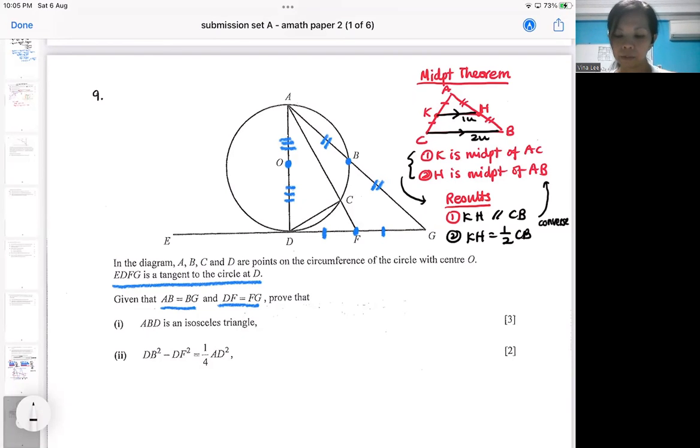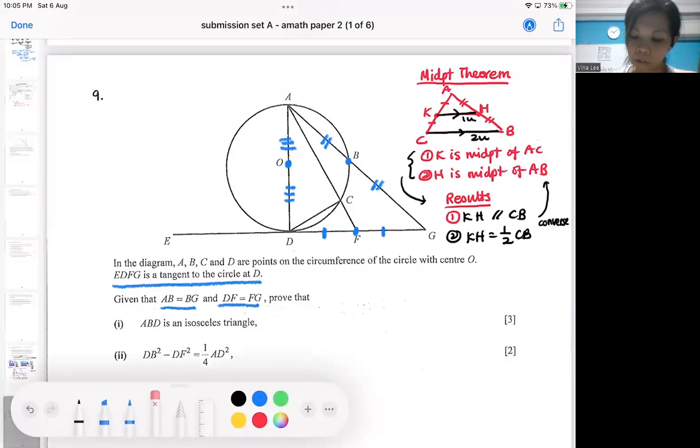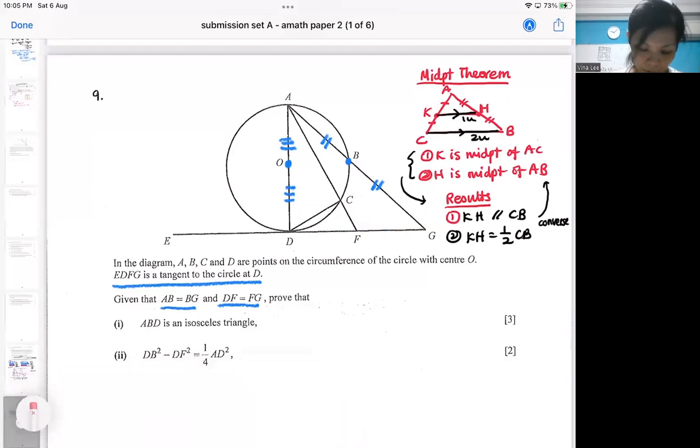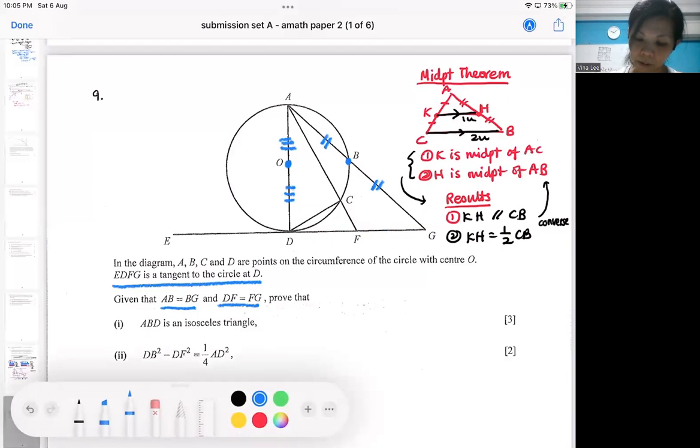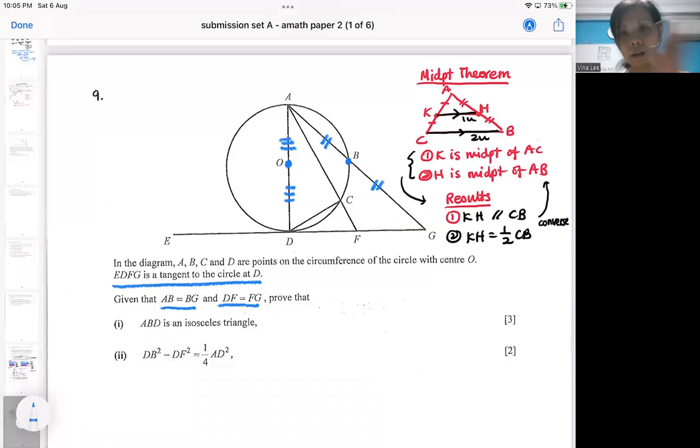Okay, so because of this, it gave me the idea of the midpoint theorem. So where is the midpoint theorem that I'm hoping to achieve right here? Can you see, O is the midpoint on the left side, B is the midpoint on the right side. So I got the two conditions for the midpoint theorem.